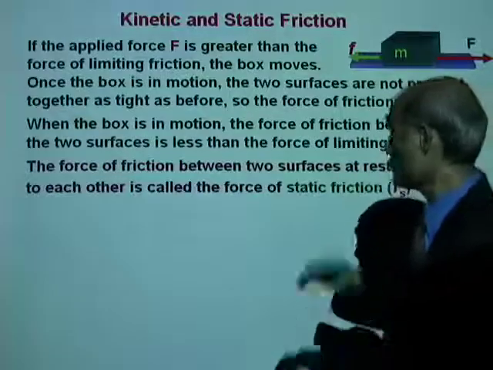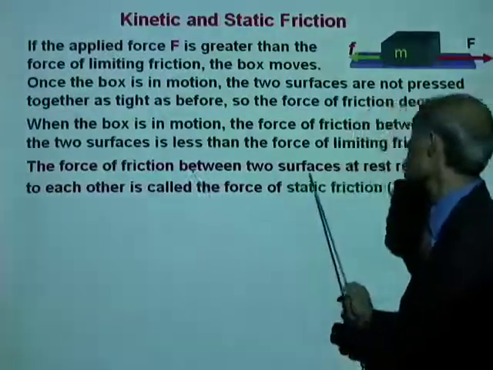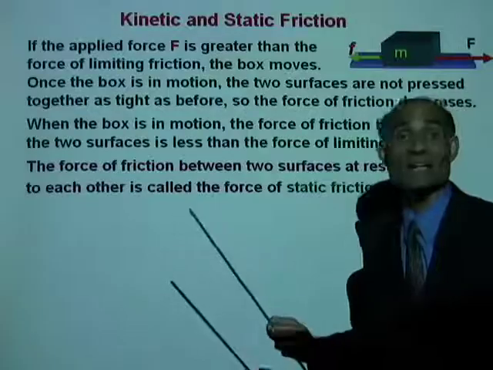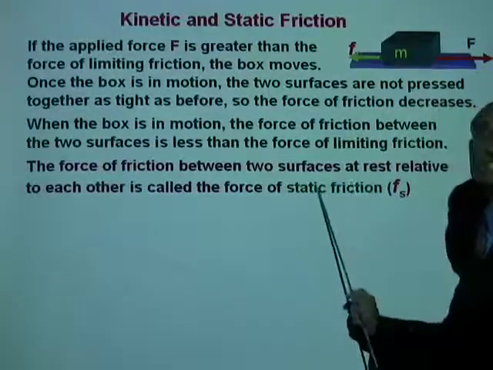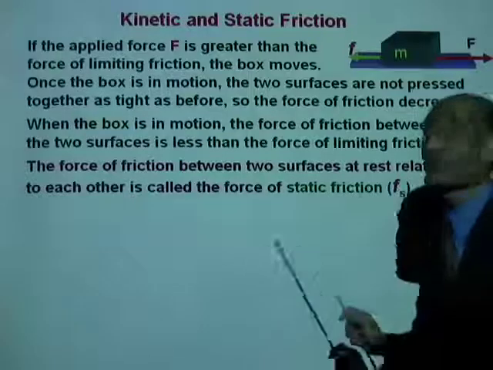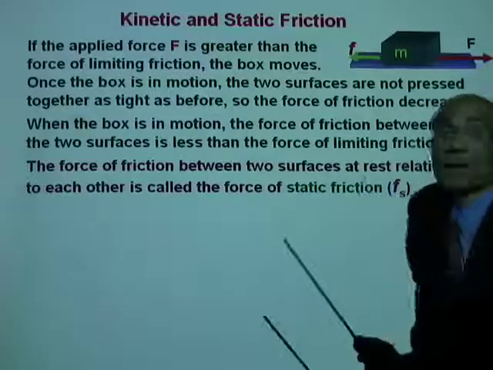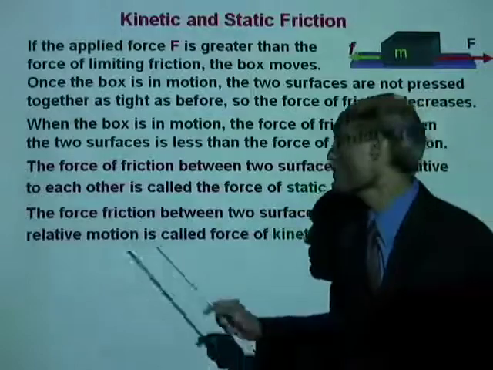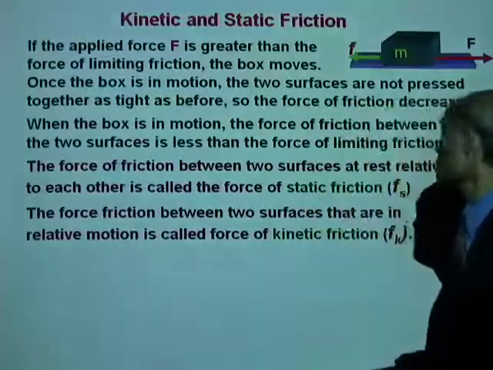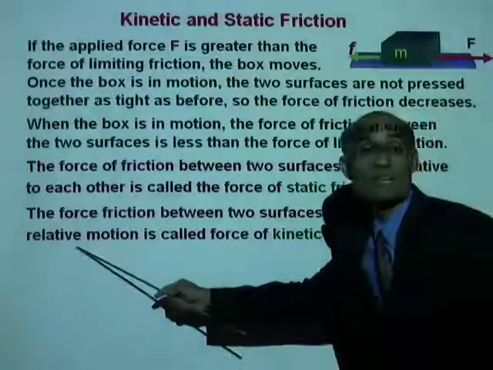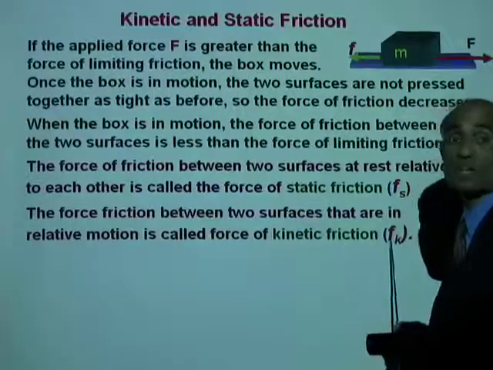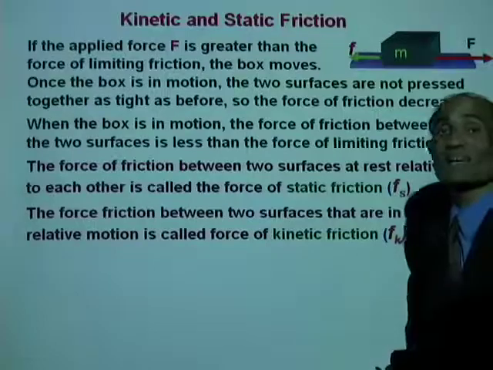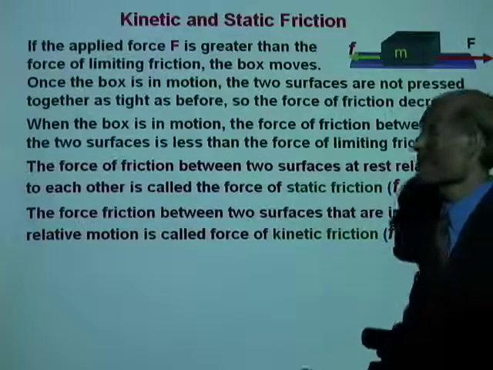And therefore, the force of friction between two surfaces at rest relative to each other is called the force of static friction, and we will write it as F_s. And the force of friction between two surfaces that are in relative motion is called the force of kinetic friction, and we will use F_k to represent that.